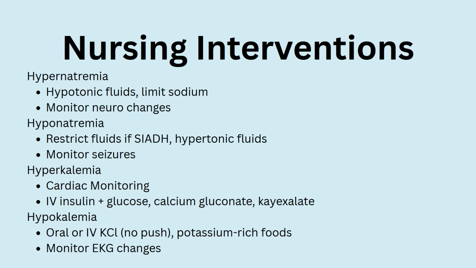For hypokalemia, we should give oral or IV potassium chloride, no push, and ensure that they have potassium-rich foods within their diet. And of course, we should monitor their EKG changes.